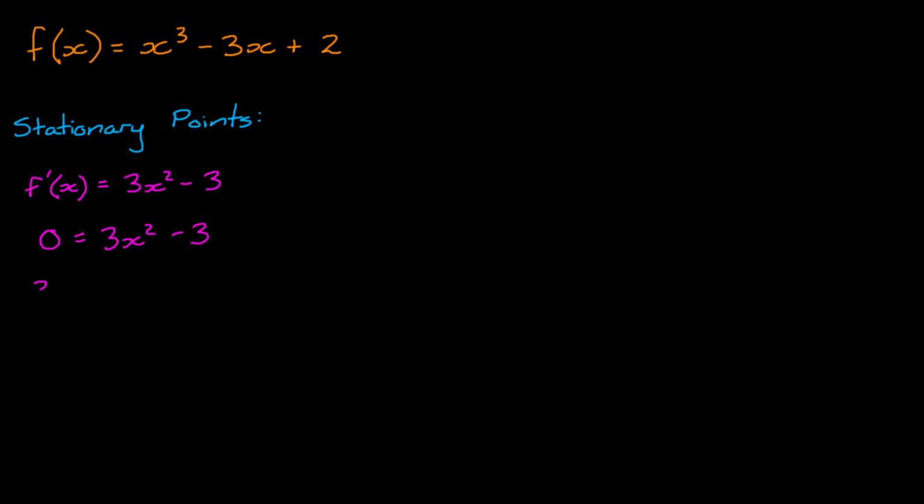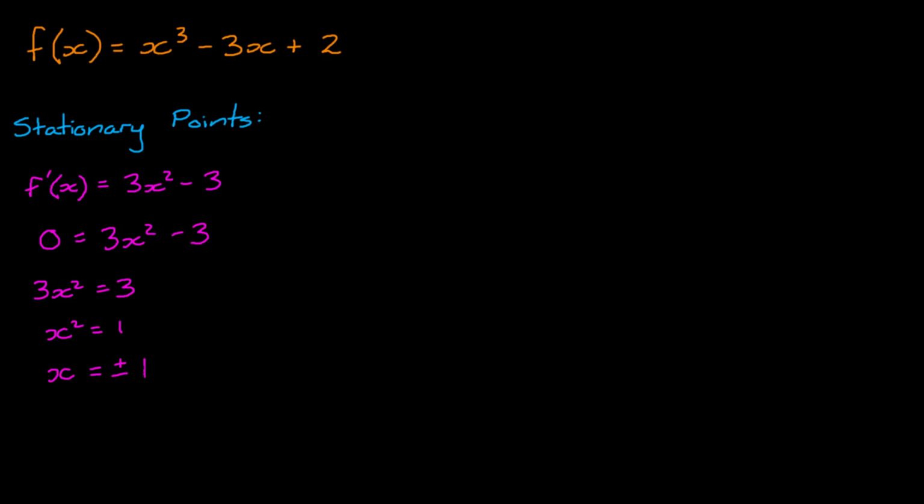And that means that 3x squared equals 3, x squared equals 1, and x, therefore, equals plus or minus 1, the square roots of 1. We already knew that x equals plus 1 would have to be a turning point, because we knew that the function comes down, touches that point, and turns up again. But now we know that there's also a turning point at x equals minus 1.